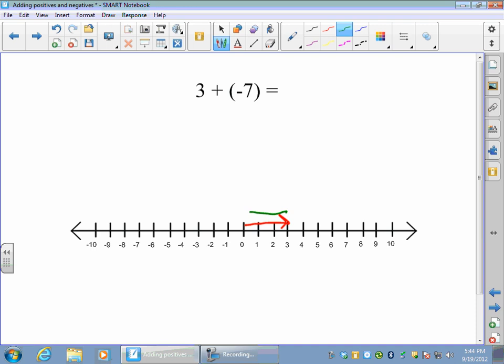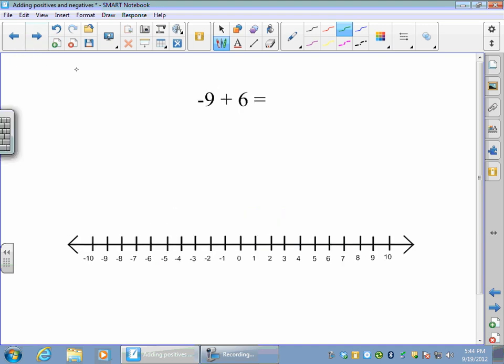So that's 3 to get me back down to 0. Now you go 4, 5, 6, 7. So that's 7 places to the left. Now you can see that my answer is actually a negative this time. It's negative 4. Okay? There's the second one.